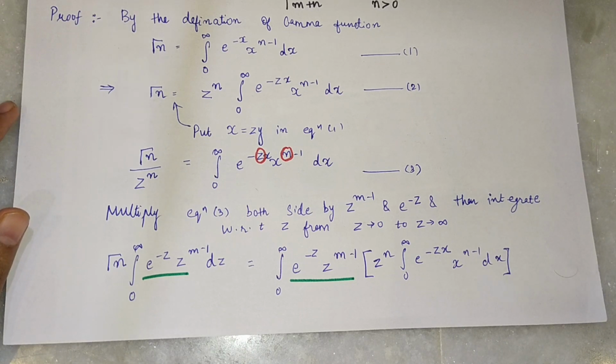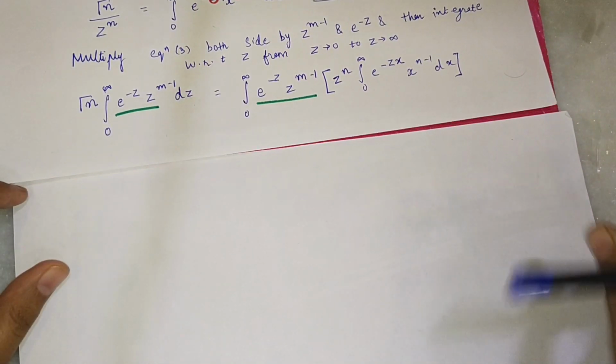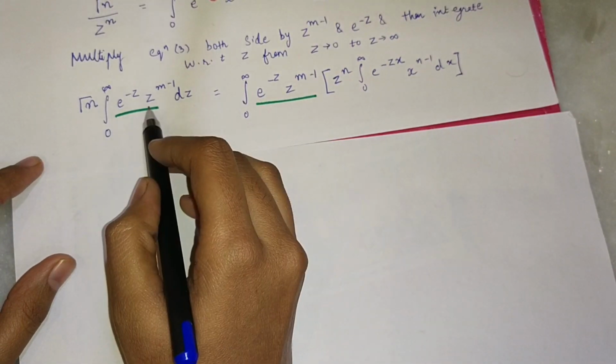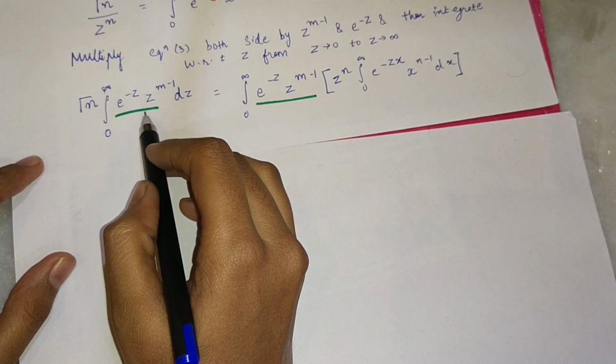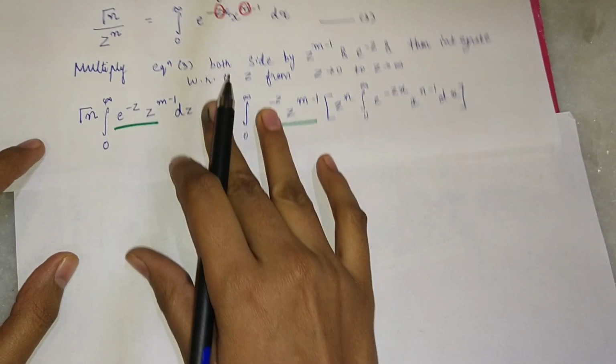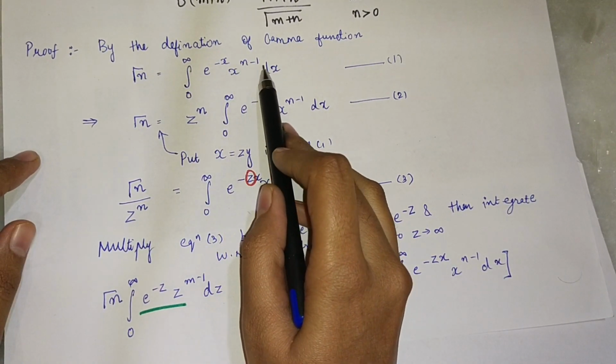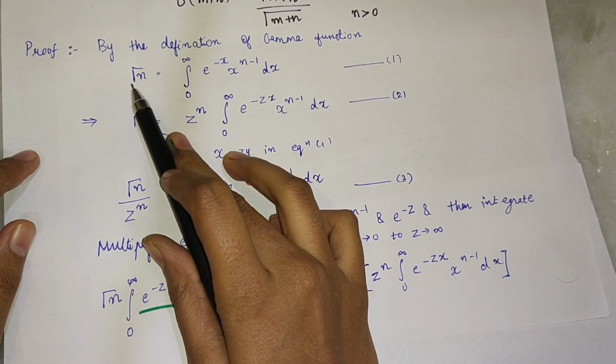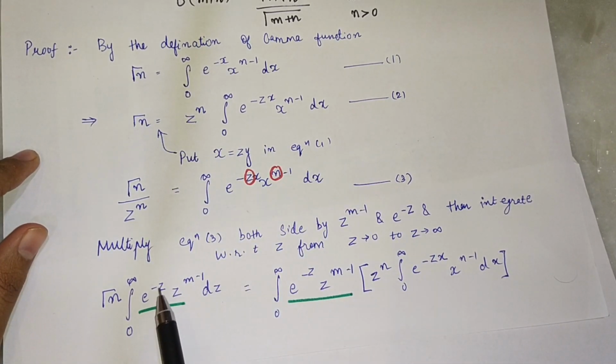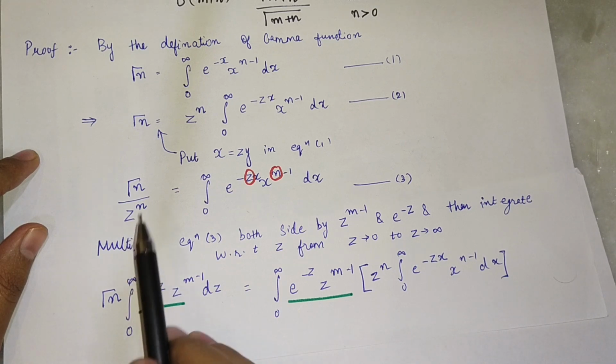So now from this equation, from equation 1, we can write that the integral of e raised to minus x, x raised to n minus 1 is gamma of n. Here similarly we have e raised to minus z, z raised to m minus 1, so that can be written as gamma m.